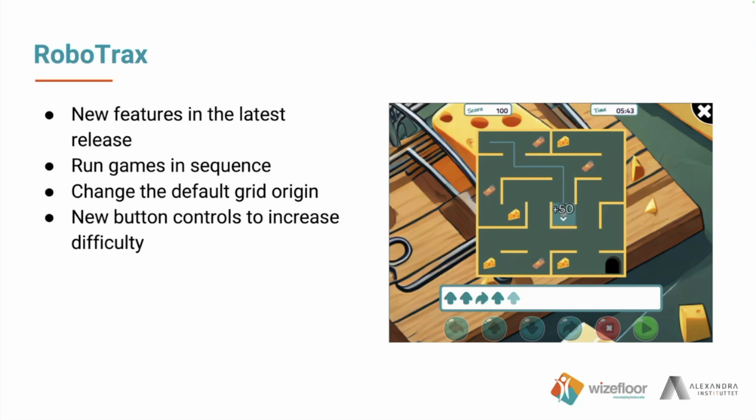So like you're leveling up your game, and so it can get easier. It can change the layout of the space and so on. And yeah, it's also possible to change the default grid origin. So when you are placing the elements in the grids, it's based on the X and Y axis.